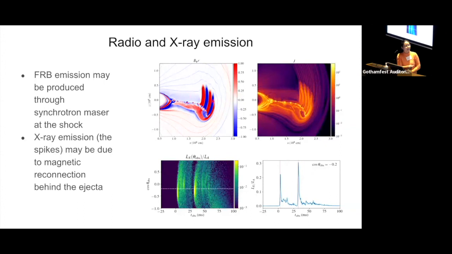You can see this kind of small structure here. These are plasmoids generated due to the reconnection. So this dissipation process can actually produce these X-ray spikes that we think is probably the origin of the X-ray spikes seen in the X-ray burst. So we think this is possibly a scenario for these fast radio bursts from the galactic magnetar.